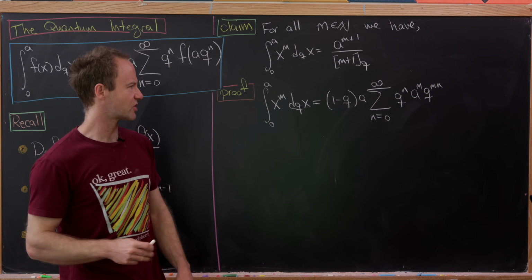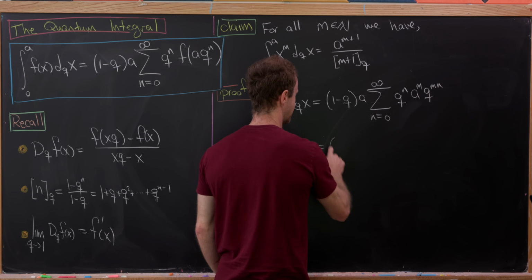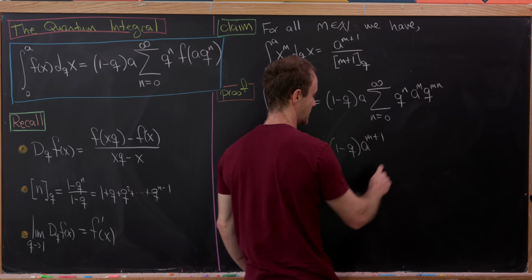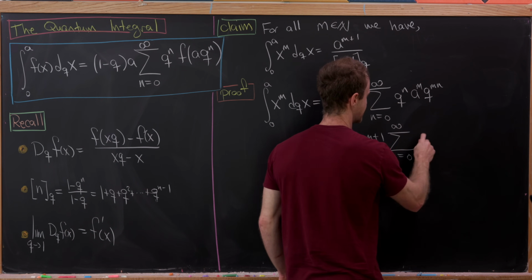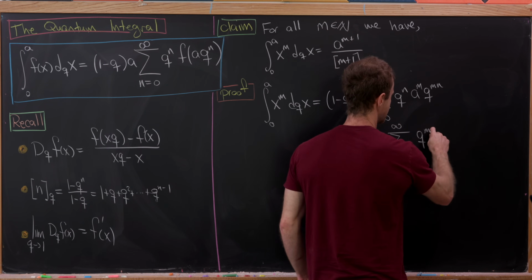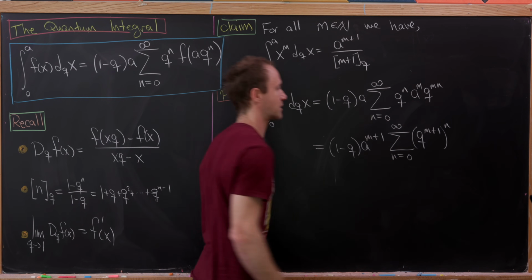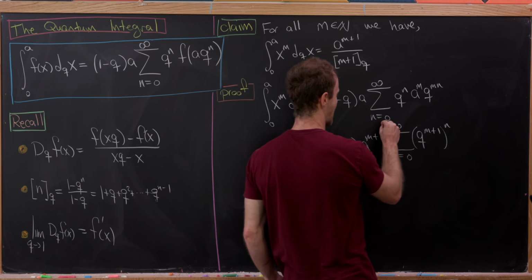And now let's start simplifying. So we can bring out a to the m, leaving us with 1 minus q times a to the m plus 1, and then we'll have the sum as n goes from 0 to infinity. I'll write this as q to the m plus 1, all raised to the n power. So that'll be what's left over after we bring that a to the m out.